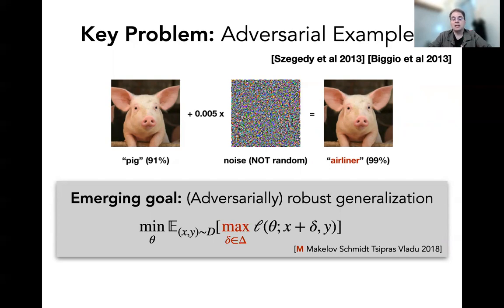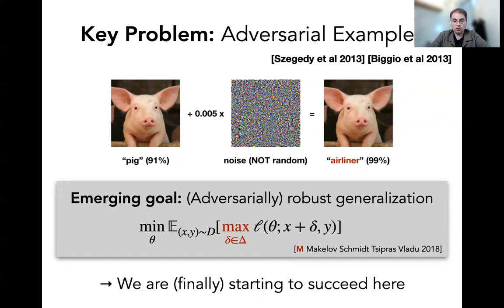Essentially, we would like to get adversarial robust generalization, in which we get a model whose performance is good even if we measure it not just by expected performance on a random image from a test set, but by looking at the worst case perturbation of that random test example, and we want to optimize that.